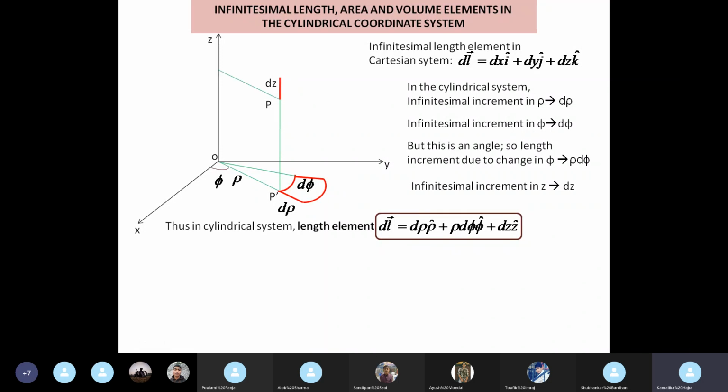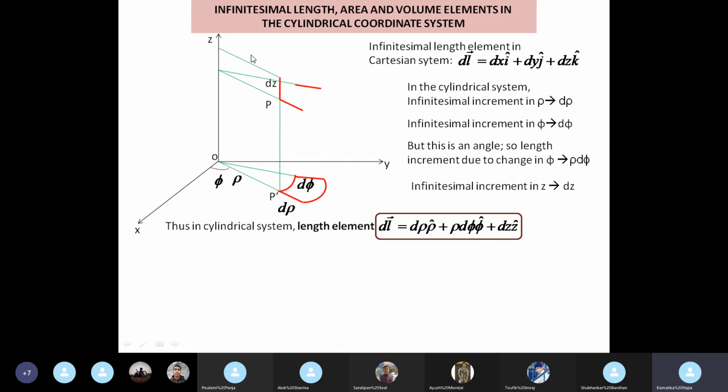So what I do is join that, which is also rho, and take it to the other side anti-clockwise by changing phi by an amount d phi. So this is d rho, and that is the position where I get when I change the angle by an amount d phi. This is d rho along that line, and I join this point also, which I get after increasing by dz.